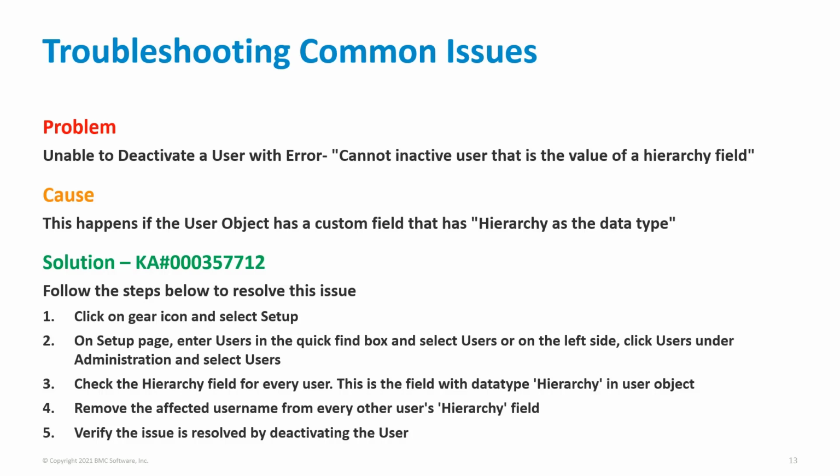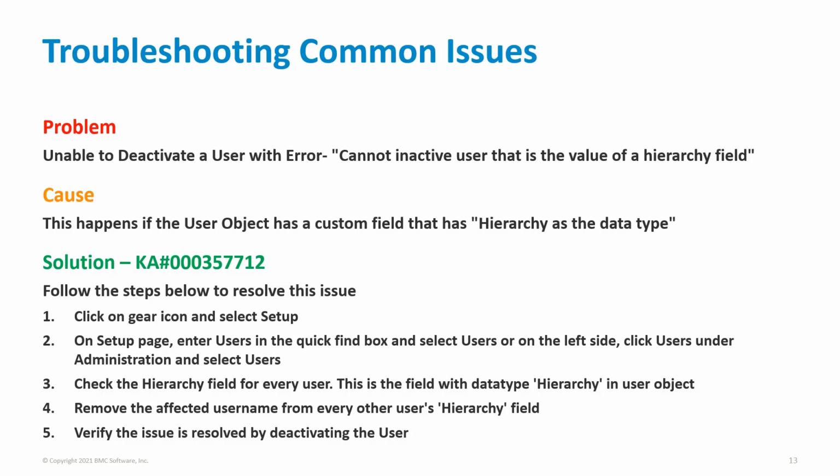You can refer to the solution mentioned in the knowledge article reference number. You can follow these steps to resolve this issue. Click on the gear icon under setup, and on the setup page enter users in the quick find box.